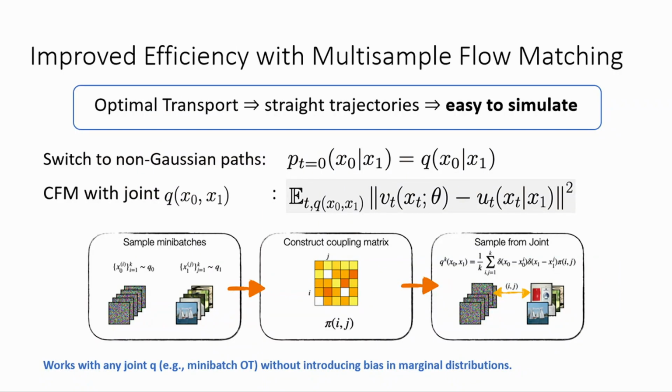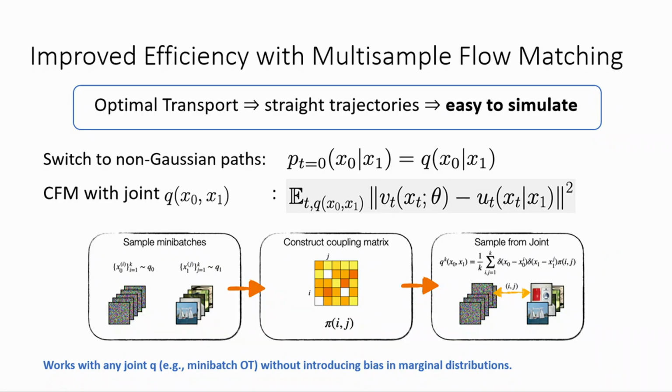One such trick that gives you a slightly different pairing is called mini batch optimal transport. Basically, during training, you can sample a mini batch of x0 and x1. Even though you can sample them completely independently, you can construct pairs within the batch during training such that the pairing of x0 and x1 is no longer fully independent.